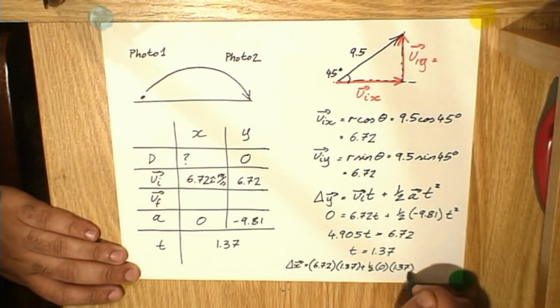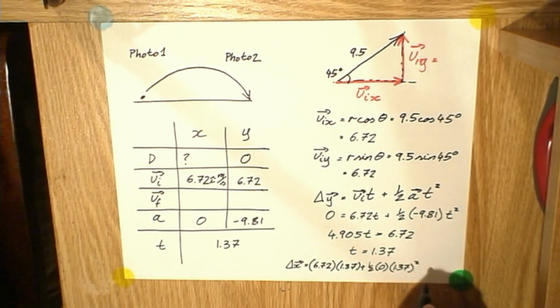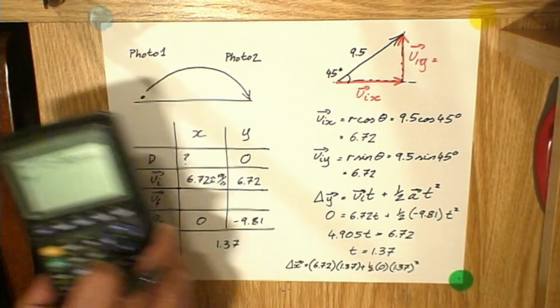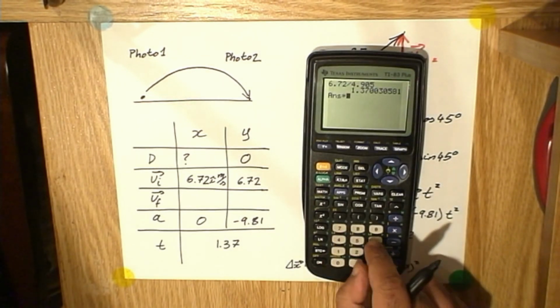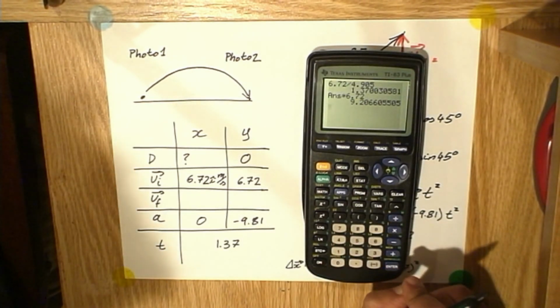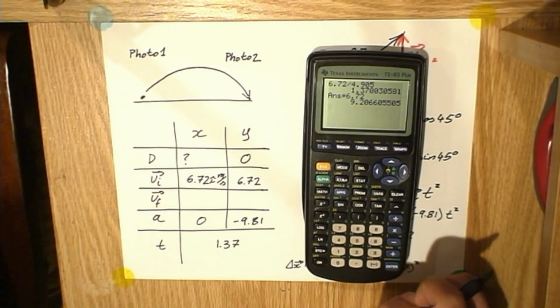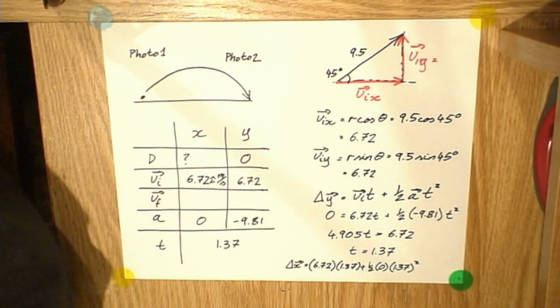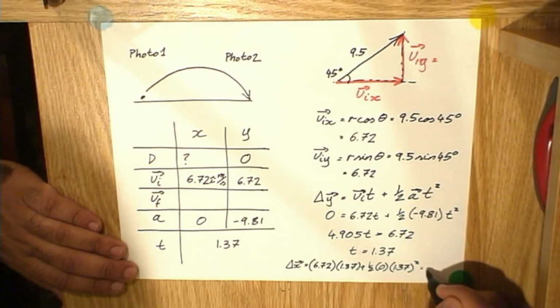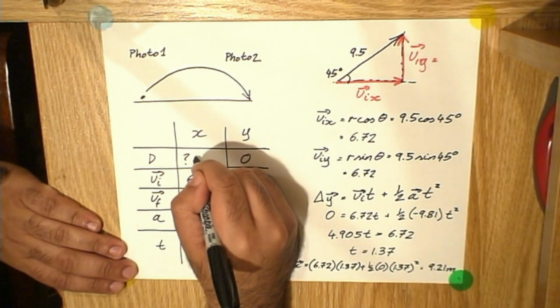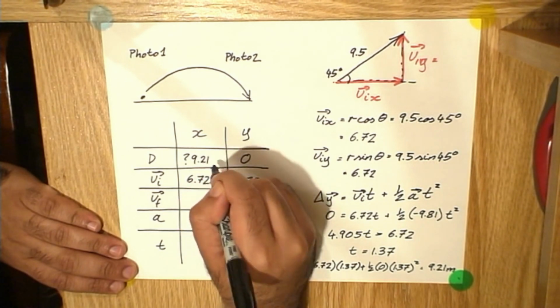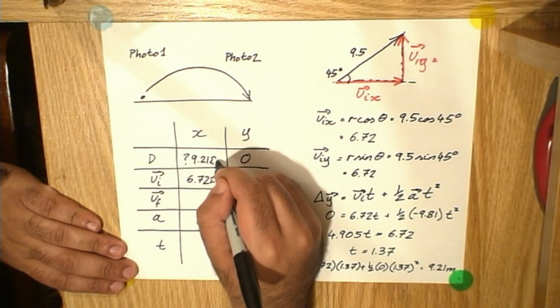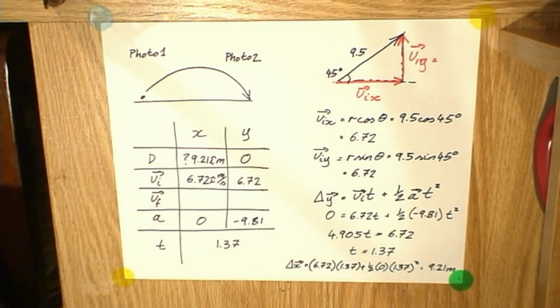But that doesn't really matter because this entire term is going to go away. So 1.37 times 6.72 is going to give us 9.21 meters. So that is the displacement of our long jumper, 9.21 meters.